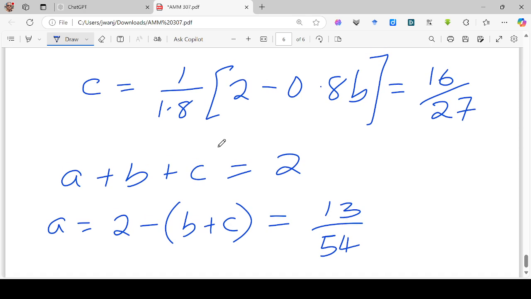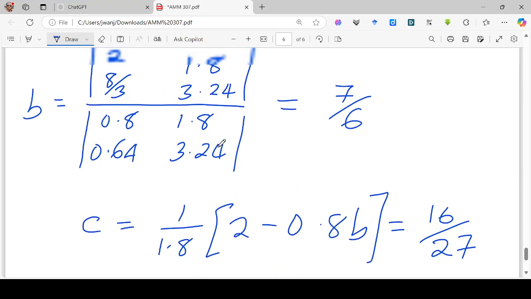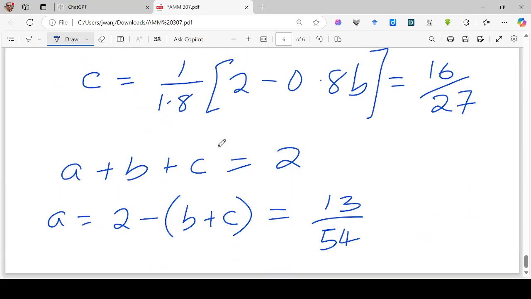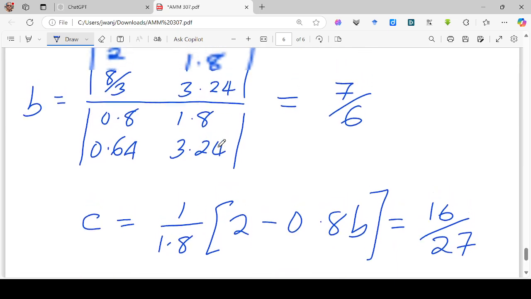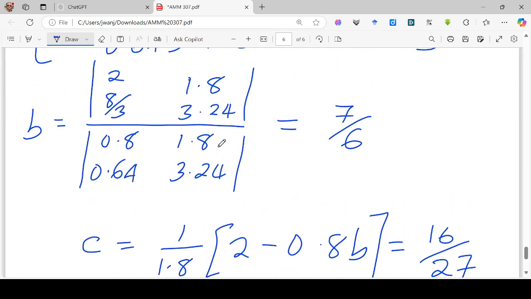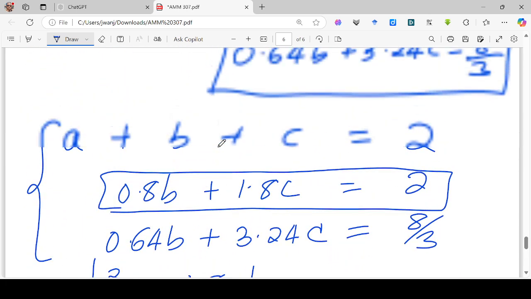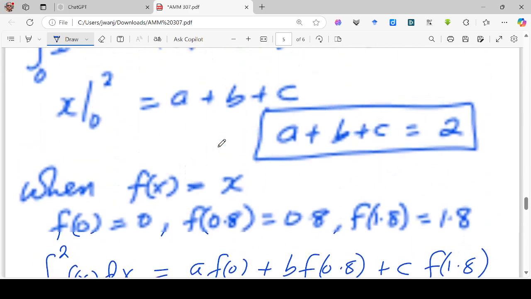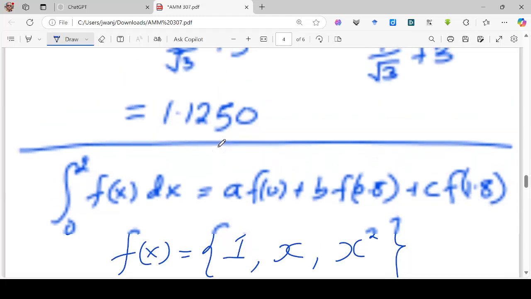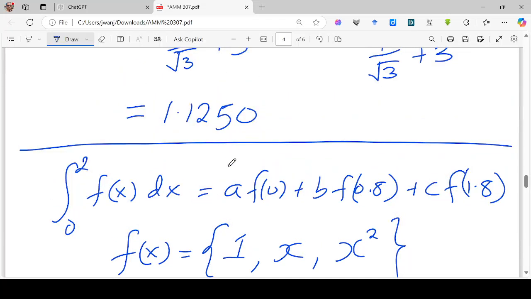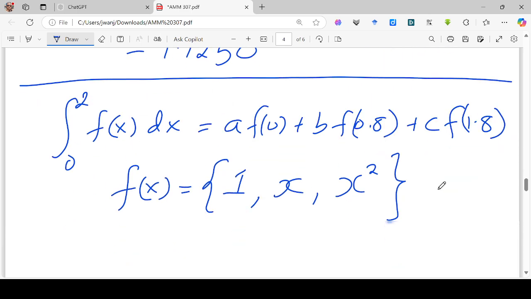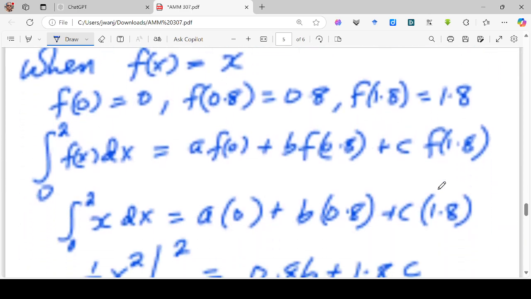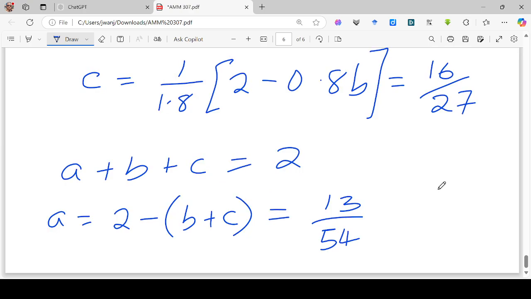Our integration method, remember, we now have a is 13 over 54, b is 7 over 6, and c is 16 over 27. And remember how our integration method looks. I want to go back to where we started. So we just need to substitute the values of a, b, and c.